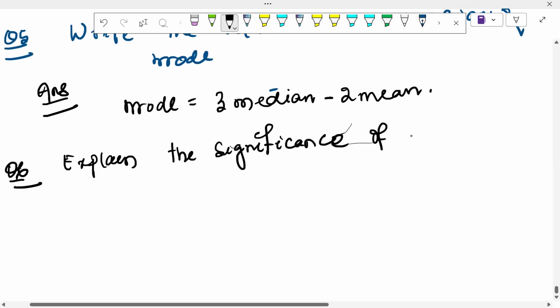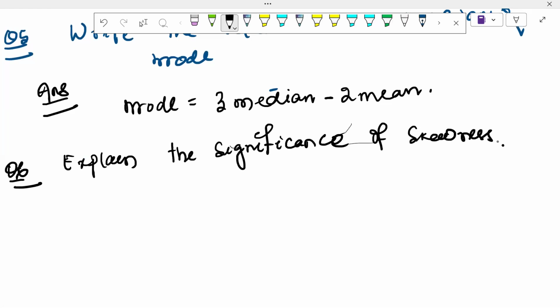What is the significance of skewness? Anyone can say what is the significance of skewness?